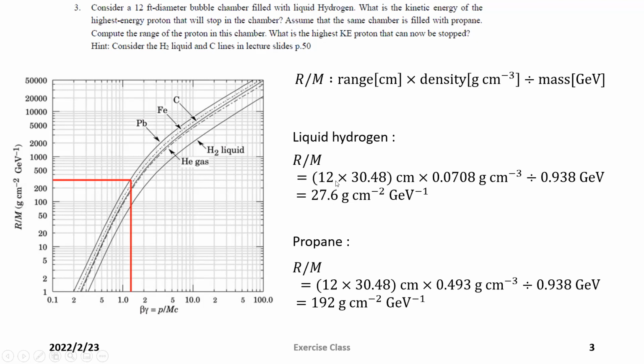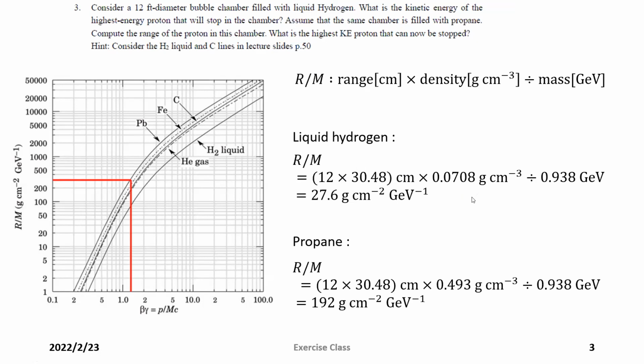Because we are considering the highest possible KE, we can just set the range to be the diameter of the chamber. Here we just convert the unit from feet to centimeters by this factor. So this is the range, and the second term is the density of the material.